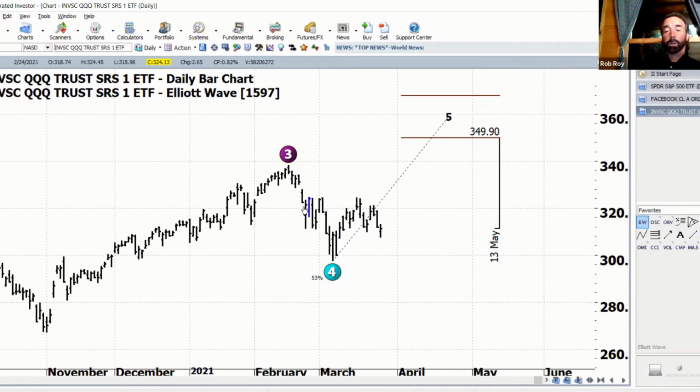And so when we look at this, you can see that we may be in the midst of, let's see if that's a flat or a zigzag right there, within this wave 5. Nonetheless, we know at this point in time that it is a complex wave 5 on the Qs. And just to hit your point about, so it's 62%, so it's a zigzag.